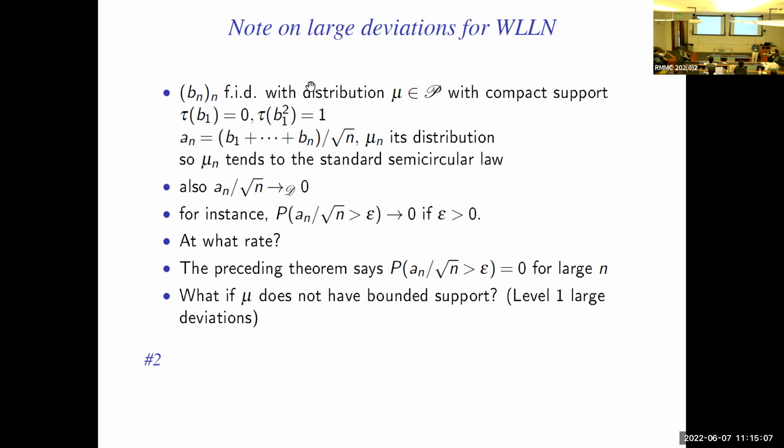So let's say you want to know the probability that you are close to some other given distribution, different from the initial distribution on the probability space. That probability is proportional to e to the minus n times the entropy of that particular macrostate.